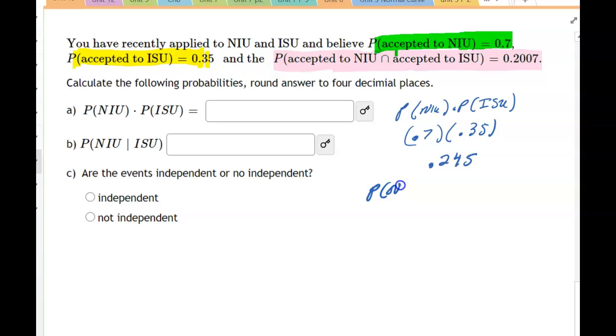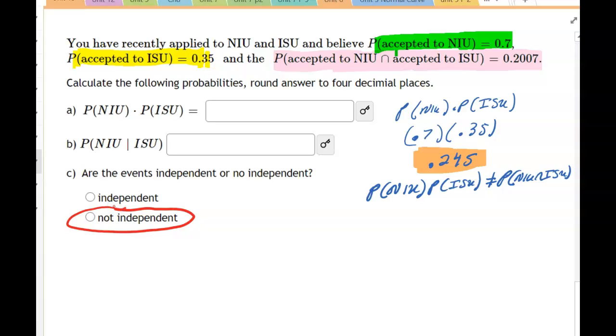If you notice here, the probability of NIU times the probability of ISU does not equal the probability of NIU and ISU. This number, which I highlighted in orange, is not equal to 0.2007. So at this point you know that they are not independent.